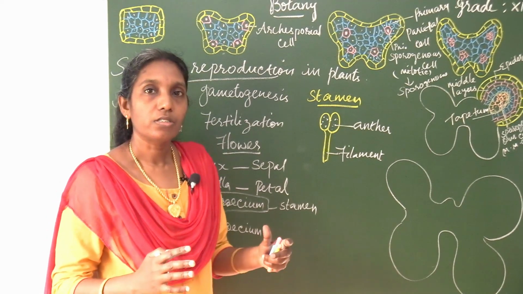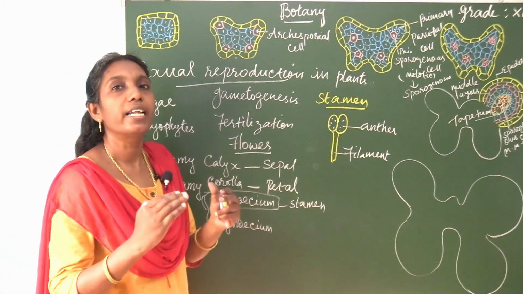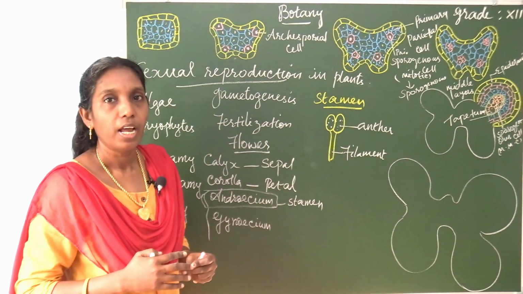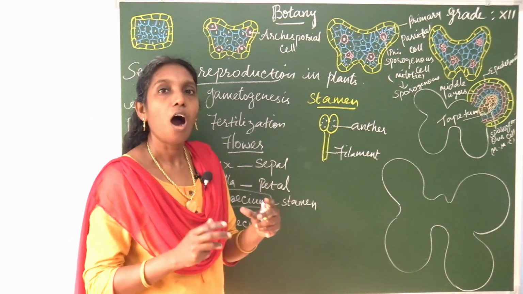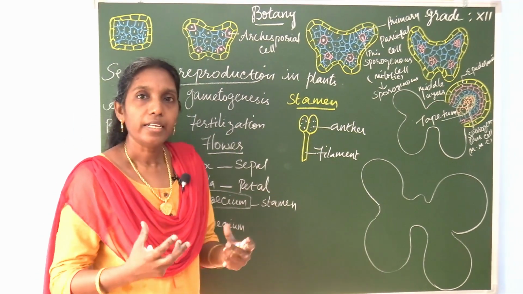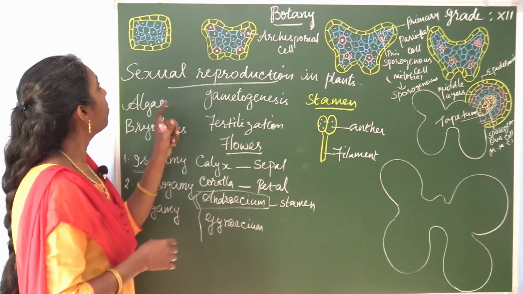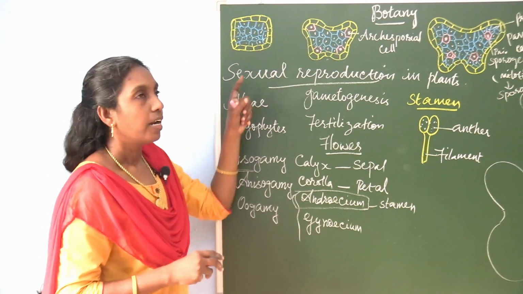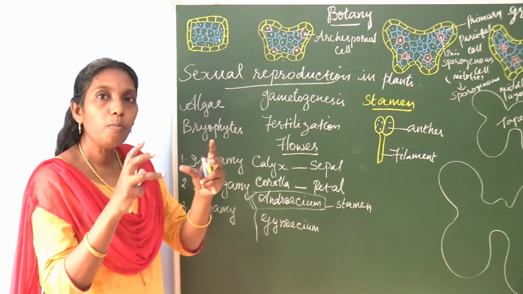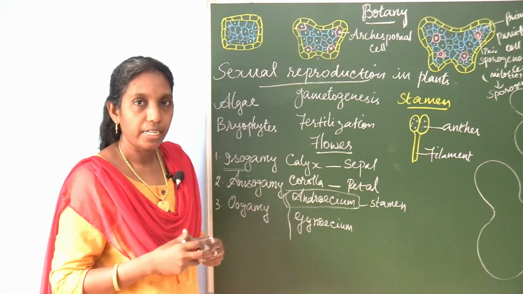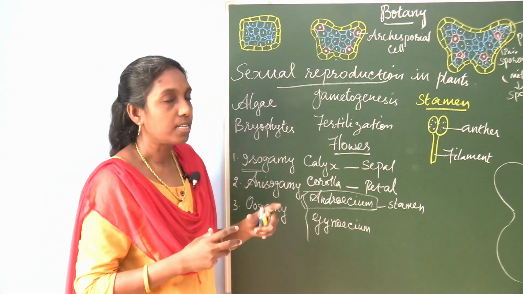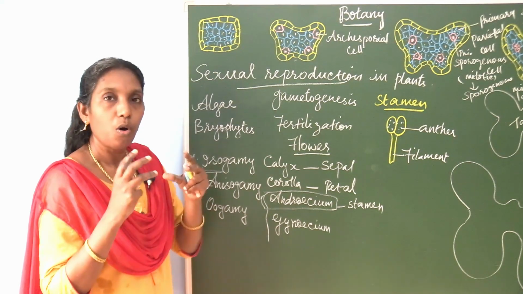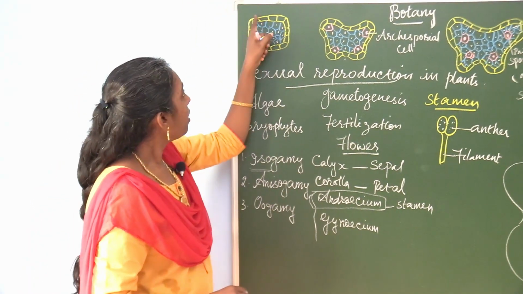Now today we are going to discuss in detail the development of anther. Here there are some diagrams which show the development of anther. How does the anther develop? When the anther is young, it develops as a homogeneous mass of tissue, of similar cells, present inner to the epidermis.